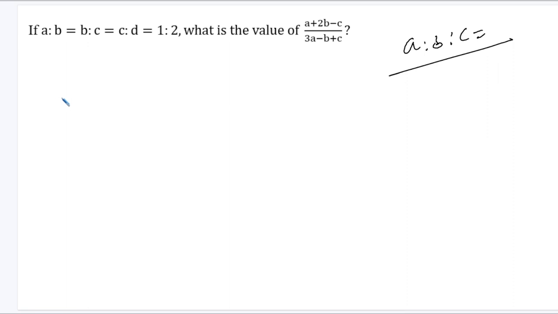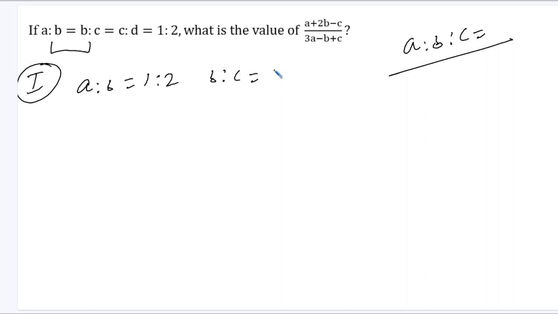We have different ways of solving this type of problem. The first method is to combine the ratios. a is to b is 1 is to 2 and b is to c is 1 is to 2. The common variable is b. So b is representing 2 here and b is representing 1 here. To combine the two ratios, I need to multiply the second one by 2.